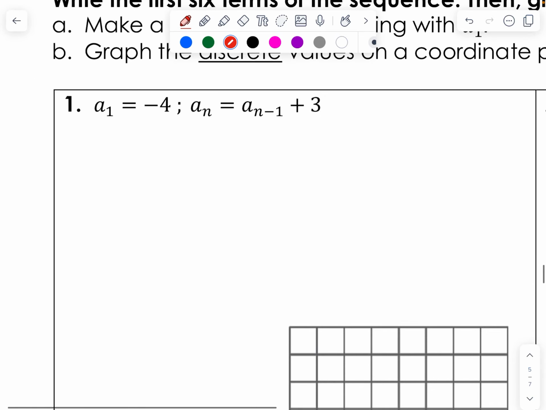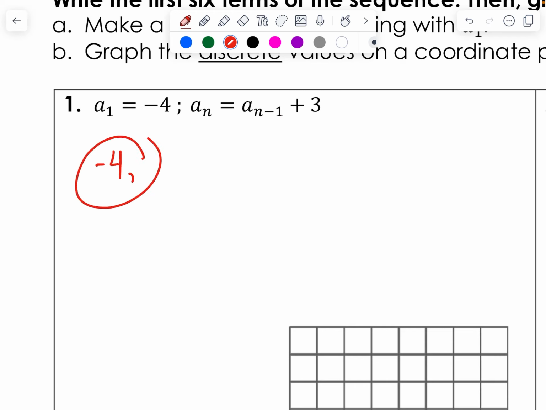Let's take a look at a few examples, then we'll take a look at some textbook problems. Here my first term is -4. And this says to know any number, you have to know the number that came before it plus 3. This would be arithmetic. So for any term, take the number before that and add 3.